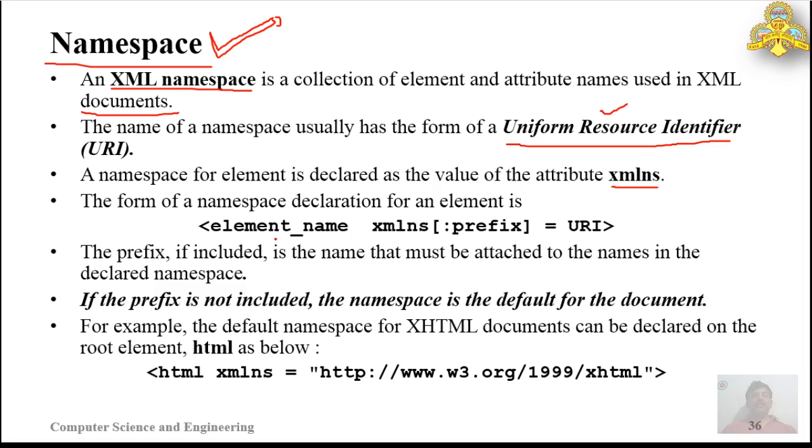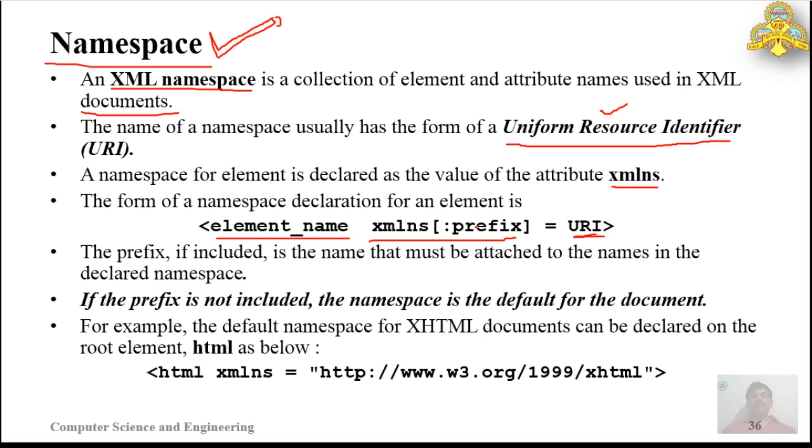The general format for declaring a namespace is the element name, usually the root element, but we can provide it for an internal element also, then xmlns, an optional prefix, and the URI, which is usually a website address. If a prefix is included, then the name must be attached to the names of the declared namespace.